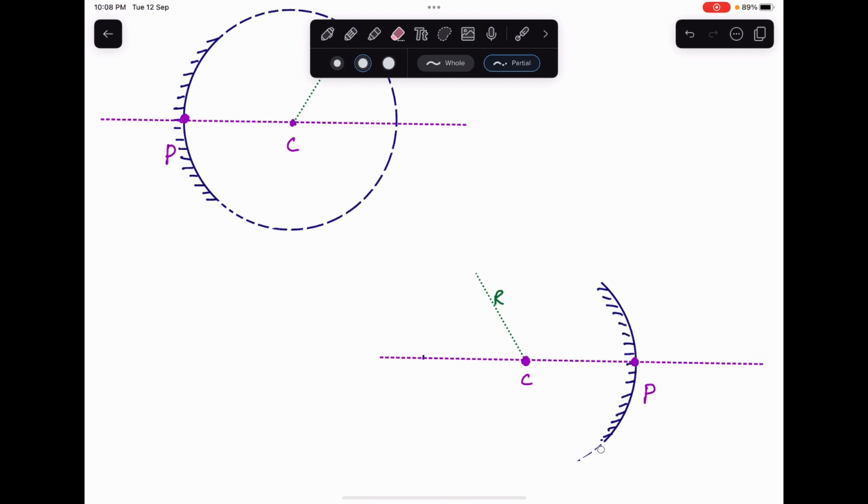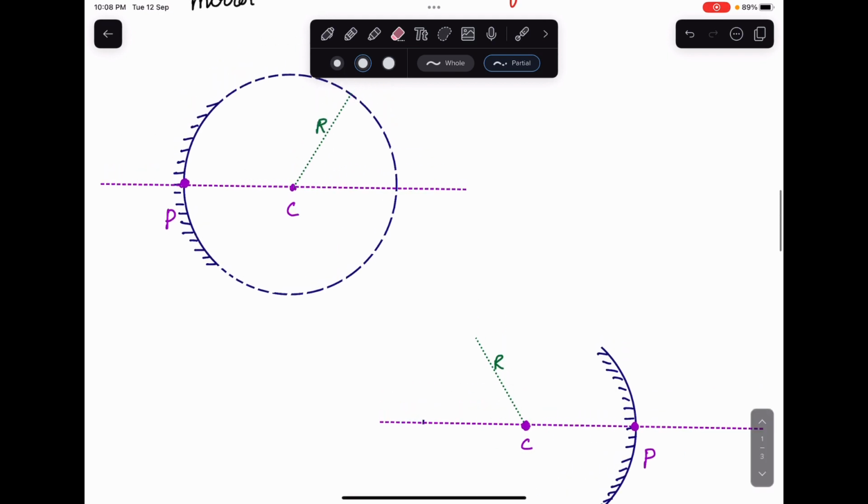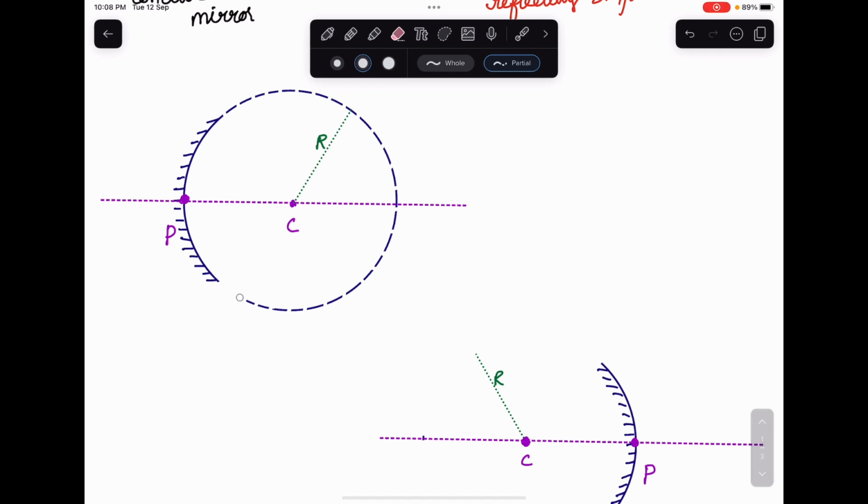So now this seems like a mirror to you. I am just leaving that part so that I can show the radius of curvature on the other side after the explanation. I think you can understand the presence of R over there, which shows the radius of curvature. So just leave it like that.